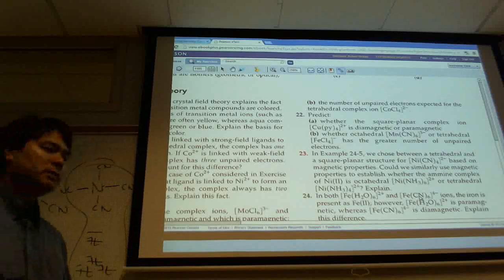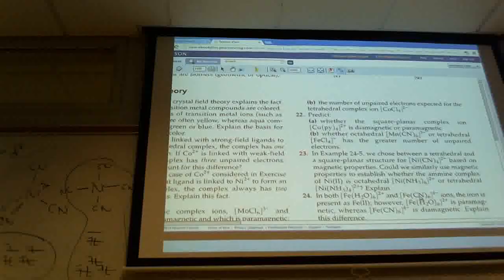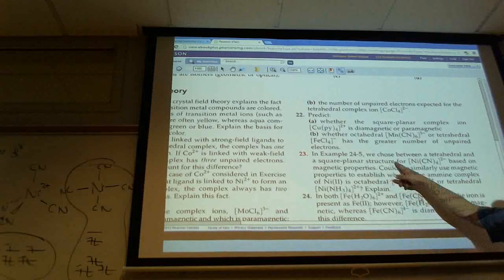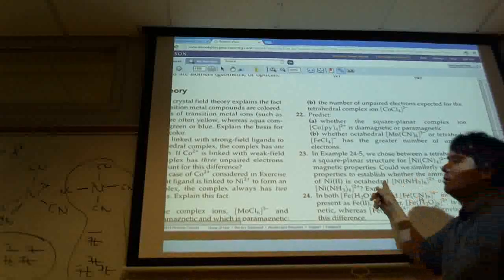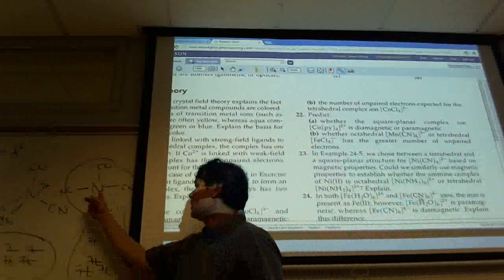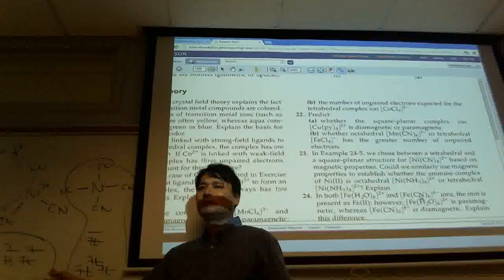Well, the same thing holds with platinum. Platinum 2 plus complexes are square planar. Platinum 4 plus are typically octahedral. And so we chose based on magnetic properties: are nickel 2 complexes diamagnetic or paramagnetic?